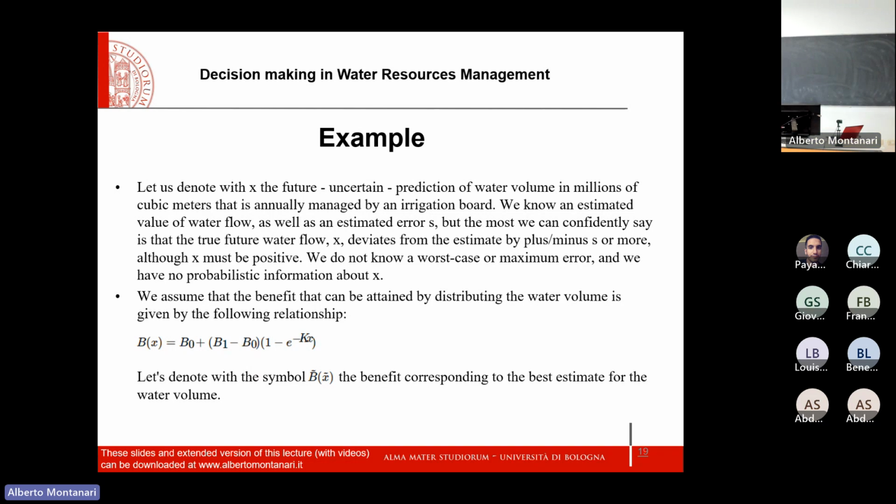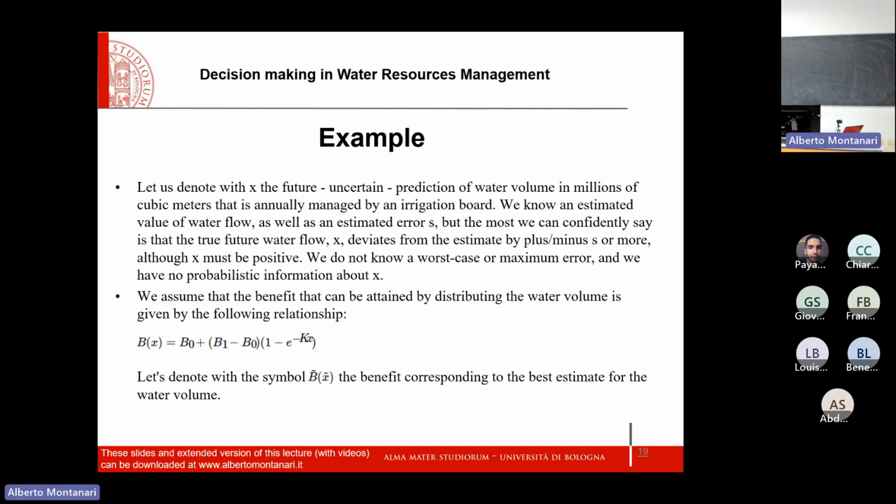Very often, if we talk about water for irrigation, it is lower than the current value, because they are conservative. They give us not only a range of possibilities, they also give us a best estimate. And we can make a computation with reference to the best estimate. But if we only use the best estimate, we don't take uncertainty into account. The best estimate will be called, in the next slide, X tilde, with a tilde over it.